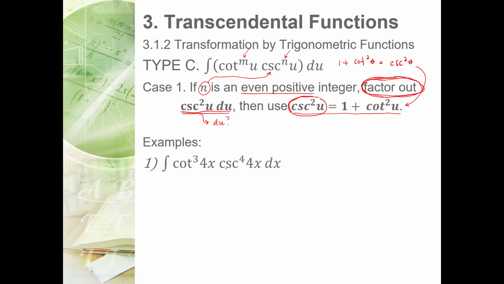For example, if we factor out cosecant squared from cosecant to the power of 4x, there will be 2 cosecant squared. One is the factored out term, and the other will be replaced by the Pythagorean identity, which is 1 plus cotangent squared u.